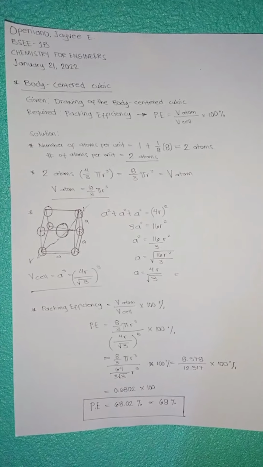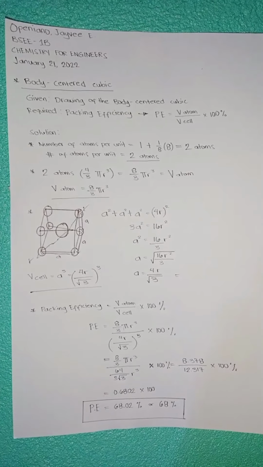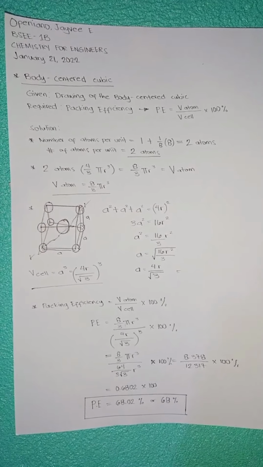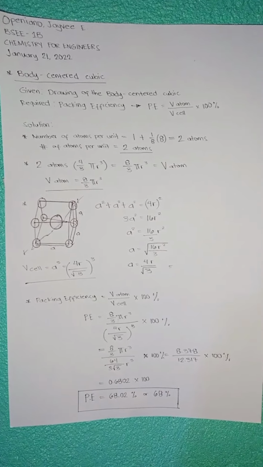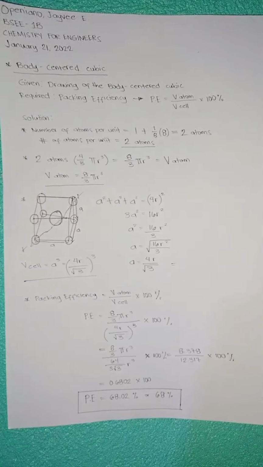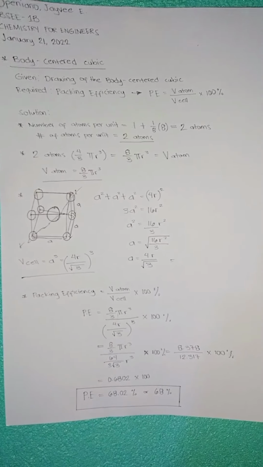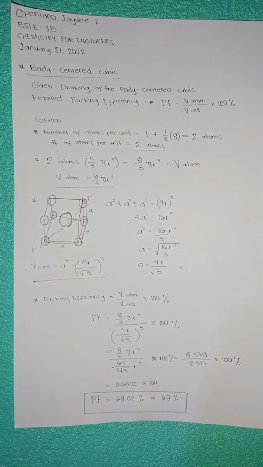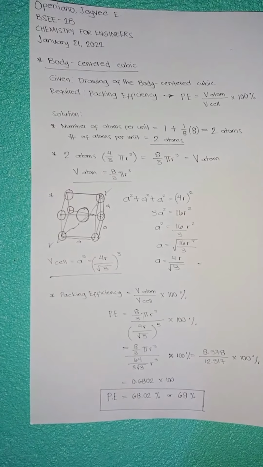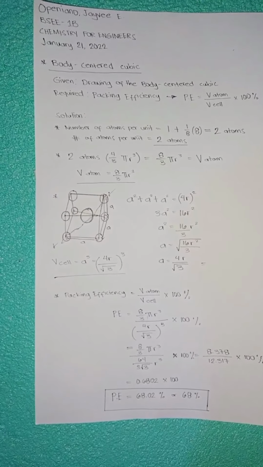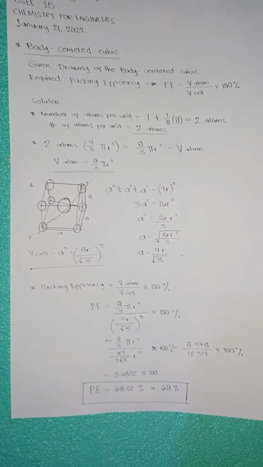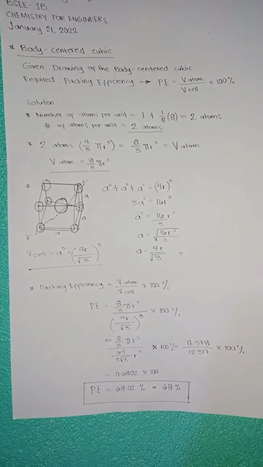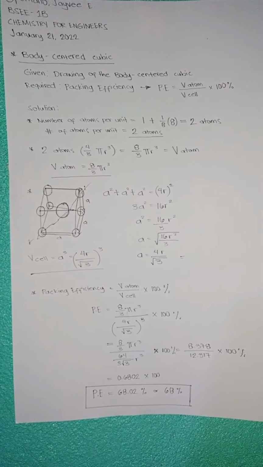Next, let's solve the body-centered cubic. Given: a drawing of the body-centered cubic. Required: packing efficiency. Again, this is the formula of the packing efficiency. Now let's solve first the number of atoms per unit cell. Again, we need the center atom.